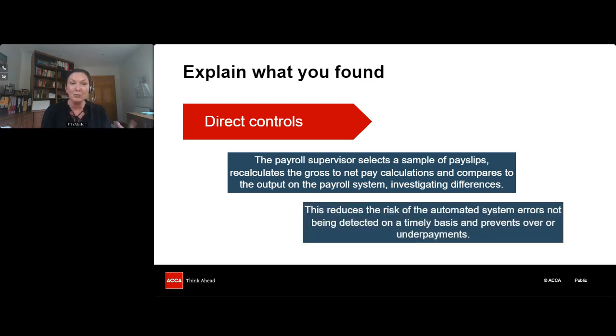So this reduces the risk of automated system errors not being detected on a timely basis, and it prevents over or underpayments. Again, I've been very specific, answering specifically relating to that system. They're not relying on just automated calculations, and making sure that there aren't any mistakes being made as a result of just assuming that the system's going to work on its own.